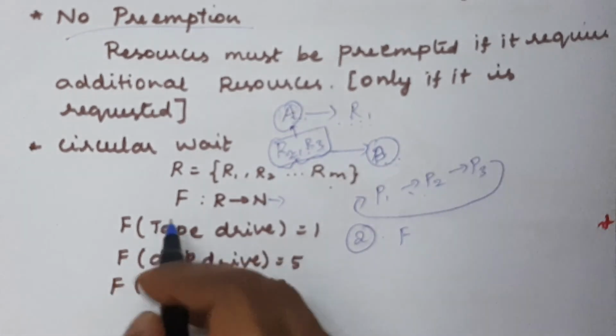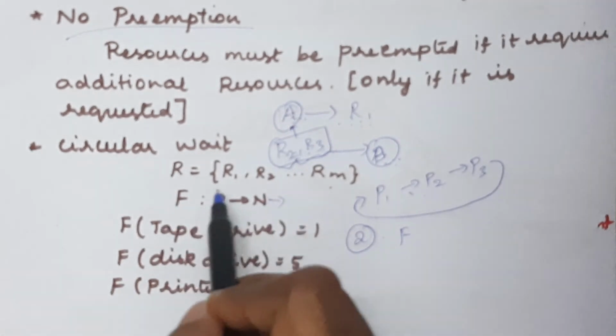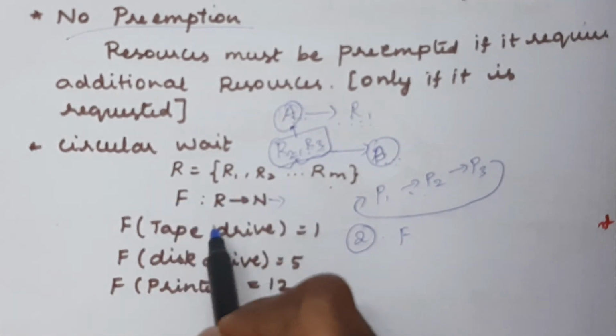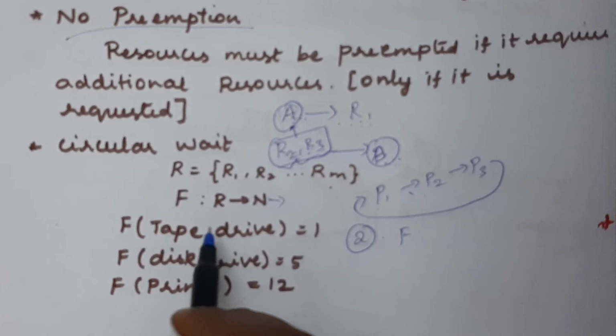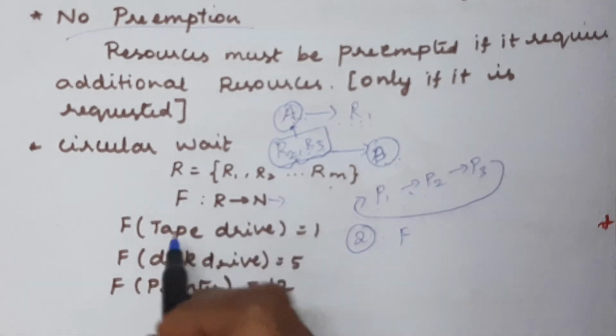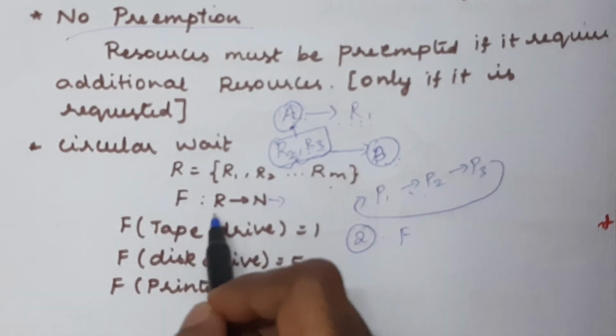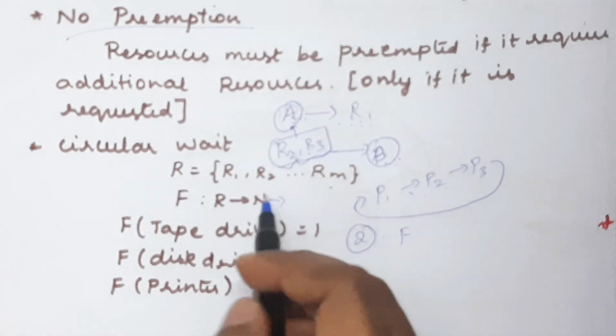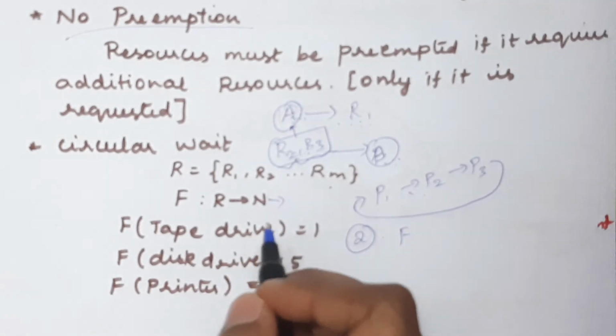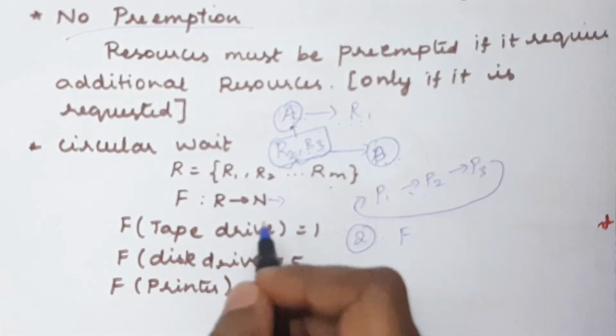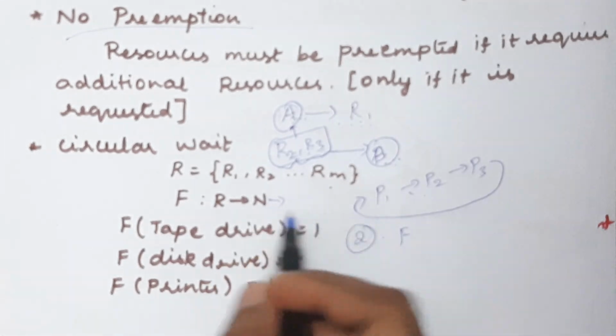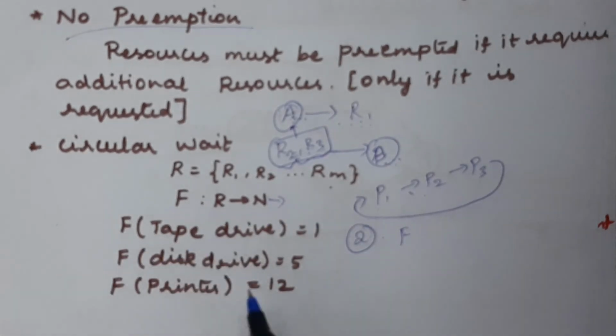So let us see. We have the set of resources R1 to Rm, and so we need to follow one condition, one function, F which denotes R tends to n. So n here is nothing but the natural integers, some integer value which we are providing for each and every resource.